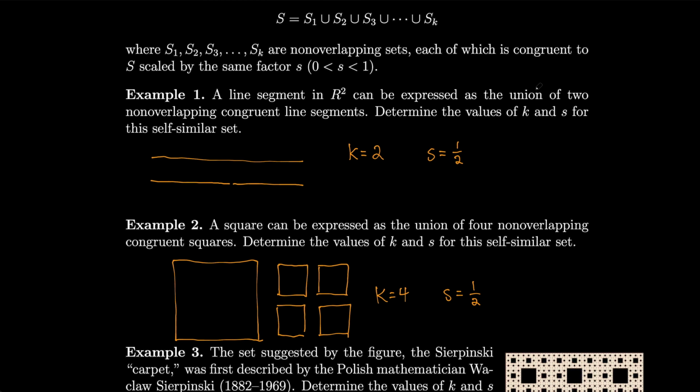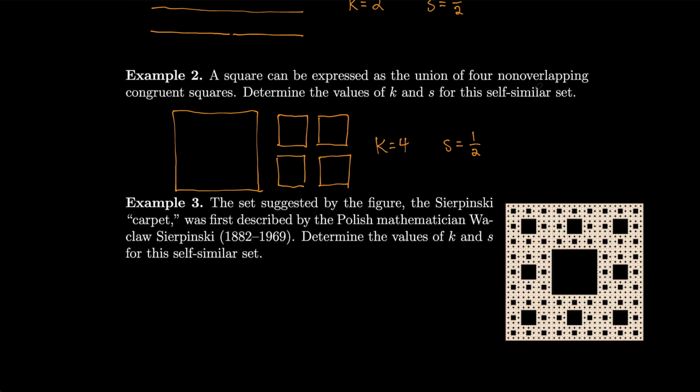Let's do another example. The set suggested by the figure, the Sierpinski carpet, was first described by the Polish mathematician Wacław Sierpinski, 1882 to 1969. That's when he lived. Let's determine the values of K and S for this self-similar set. Okay, so how many pieces do we have?